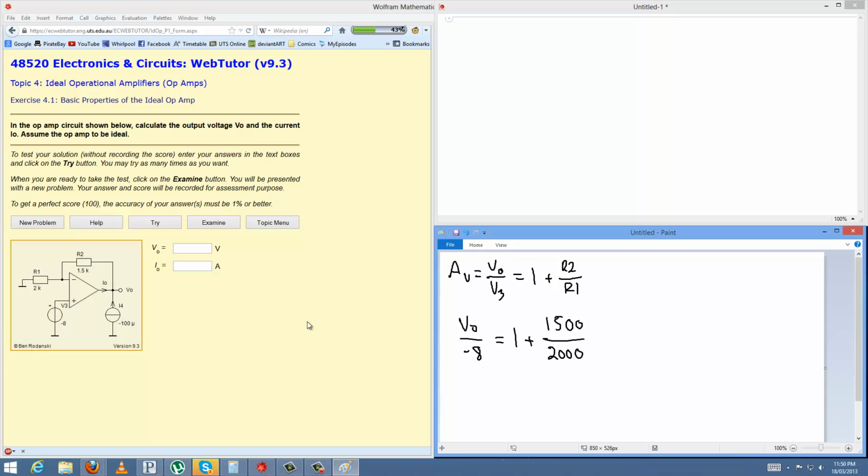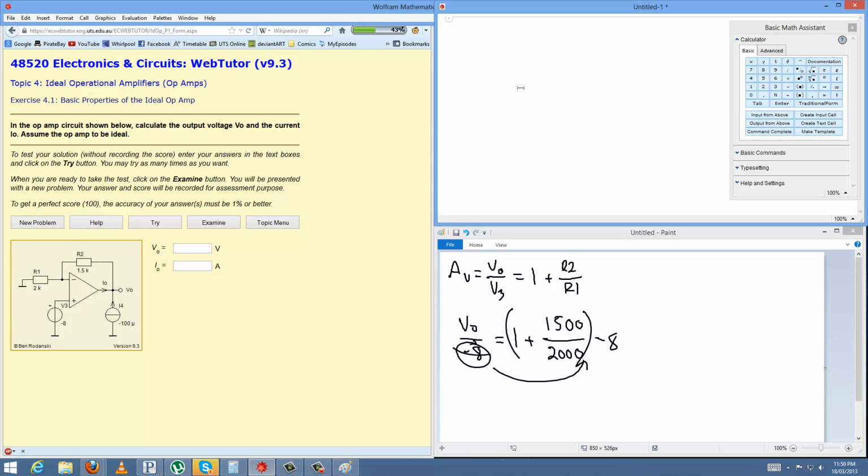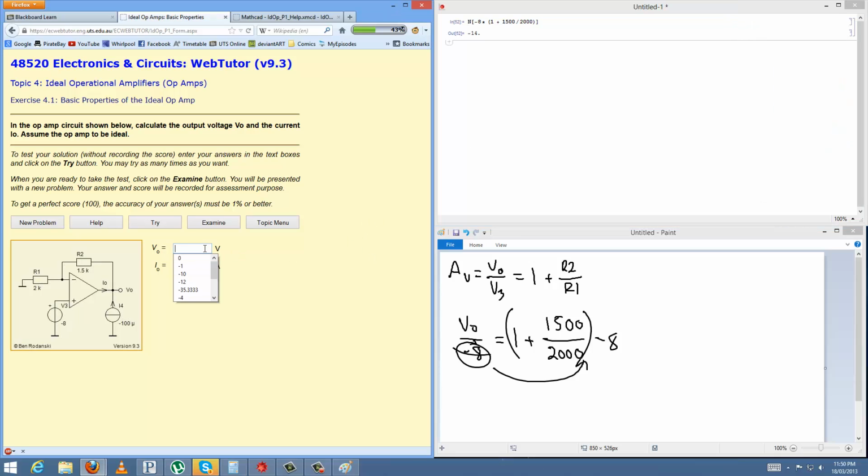For the sake of it, we'll just bring the 8 on here and multiply it, so get rid of it from this side when we're working it out, just to skip a step. And so our voltage ends up being a nice round -14.